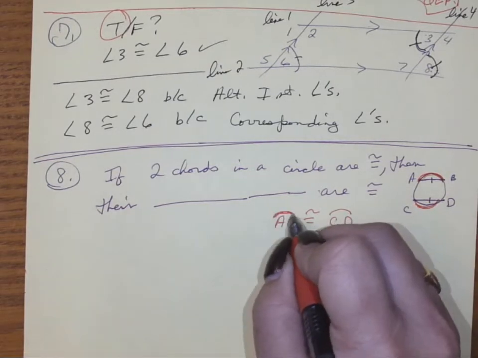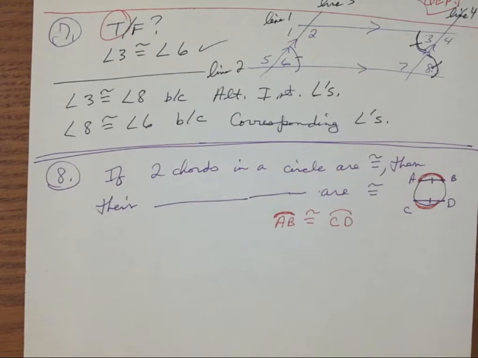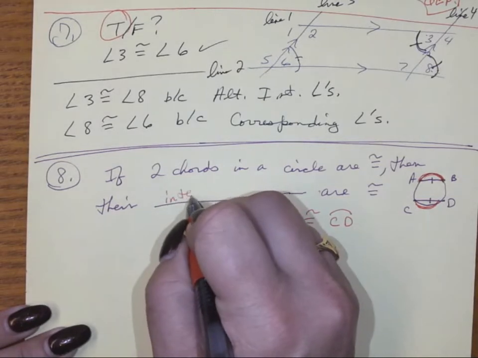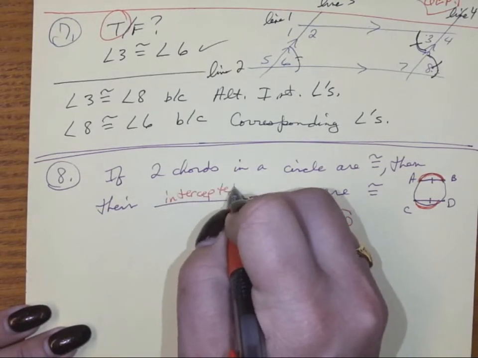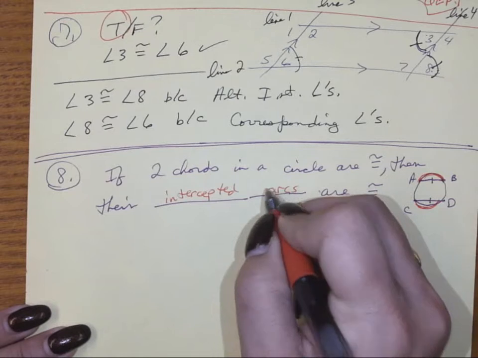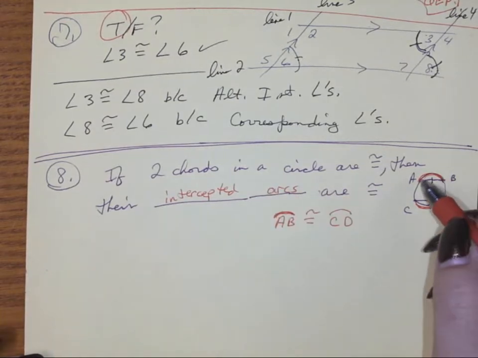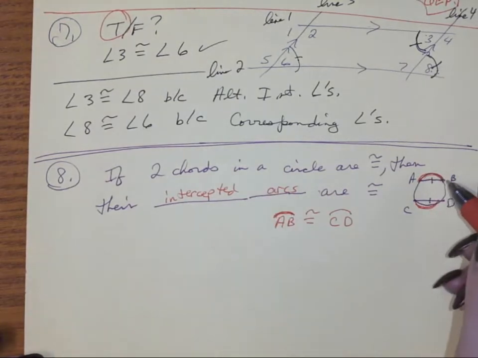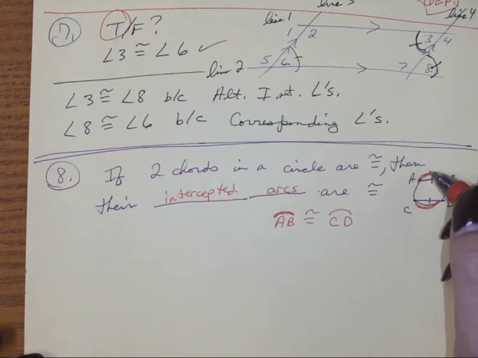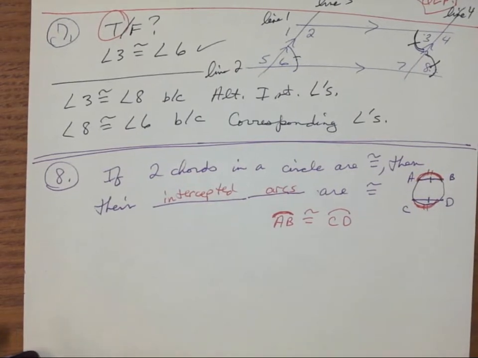So if I have those chords, then I know that the intercepted arcs are congruent, right? Because that portion of the circle that they're intersecting is defined by the chord right here. So you can definitely see that their arcs are congruent also.